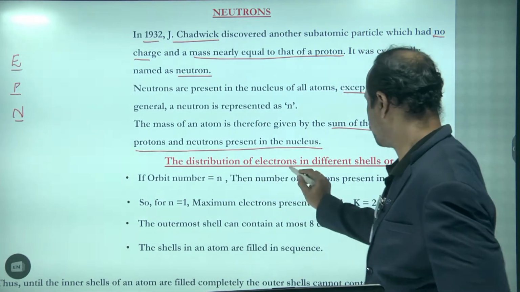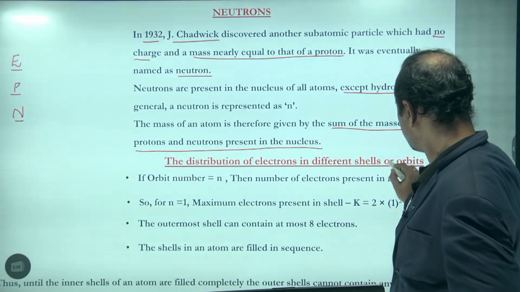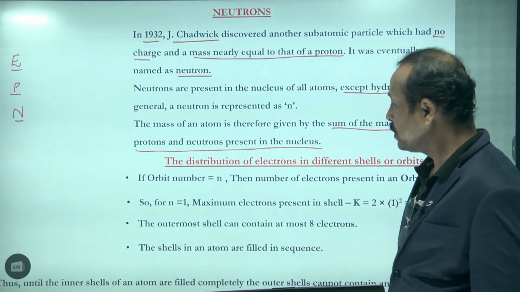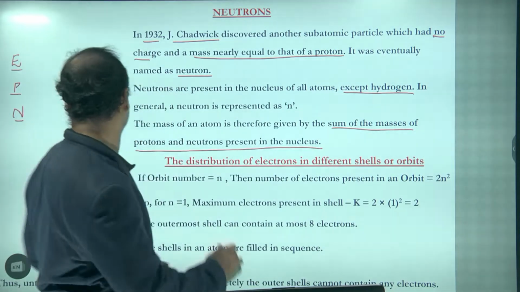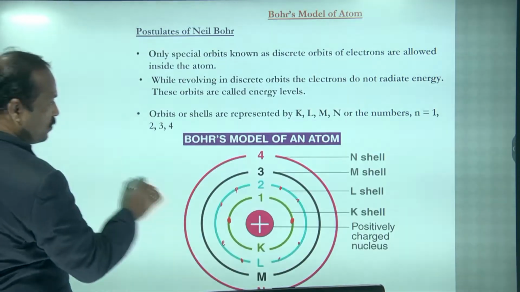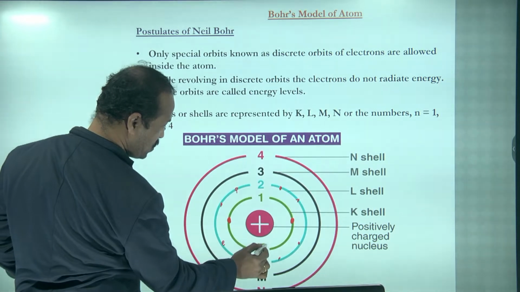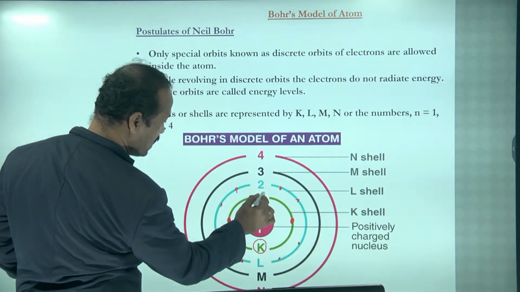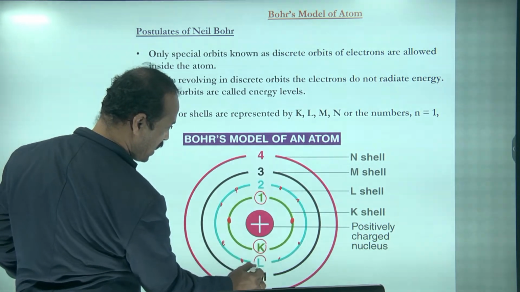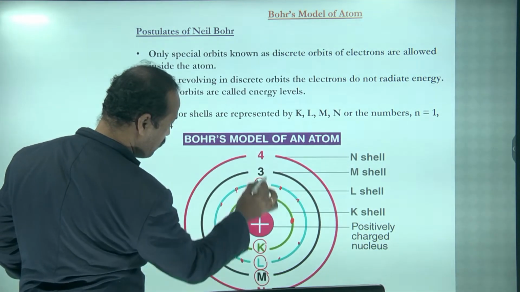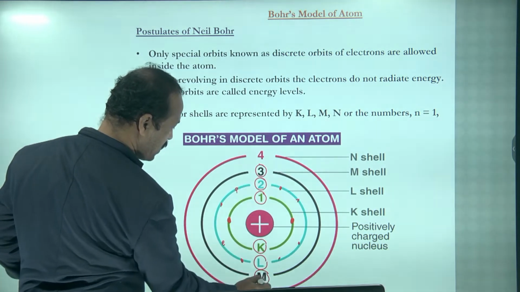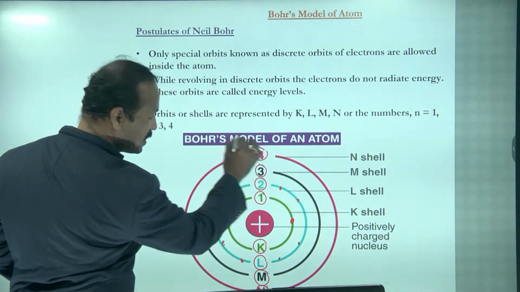It is the distribution of electrons in the different shells or orbits. Already we discussed in the Bohr model that the first shell, K, is given the value 1, the second shell, L, is given the value 2, the third shell, M, is given the value 3, and the fourth shell, N, is given the value 4.